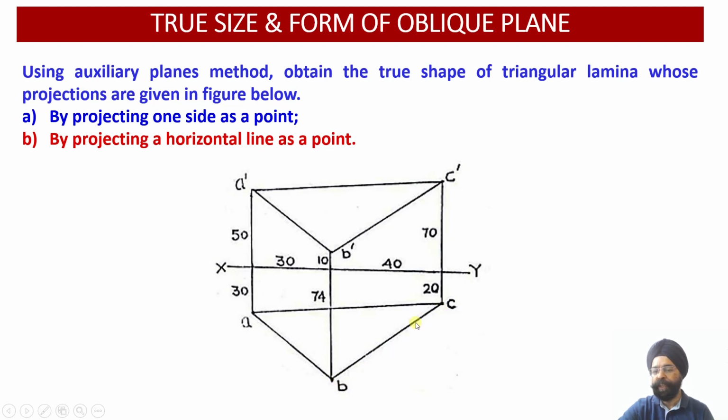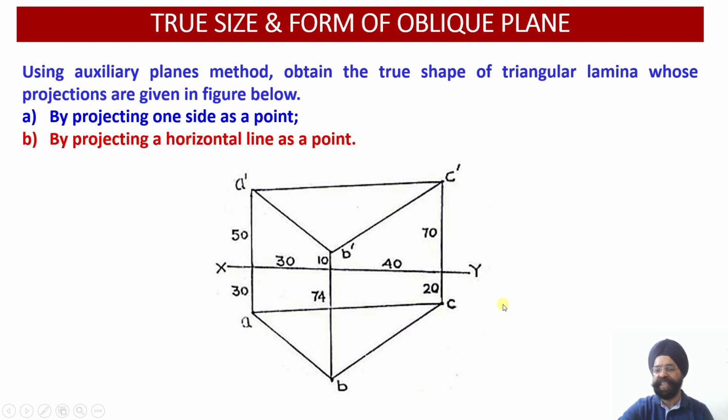So I will be able to locate point D corresponding to this point D dash, and once I join this line AD, since A dash D dash was parallel to XY, AD would be the true length. In a single step, without drawing anything, I am able to obtain the true length of any one of the edges from the given projections.